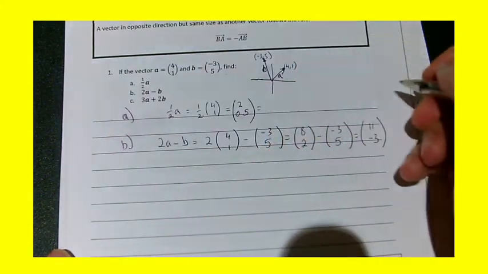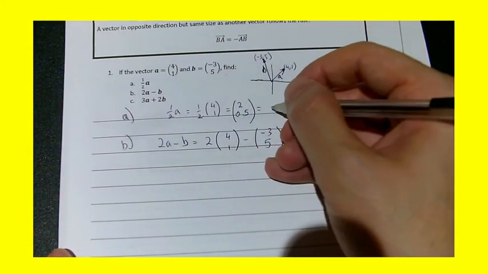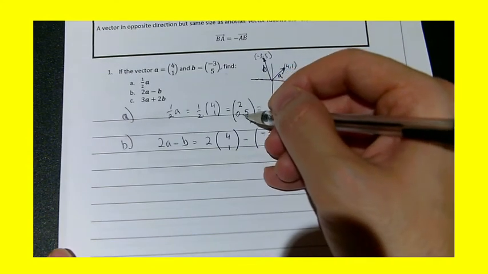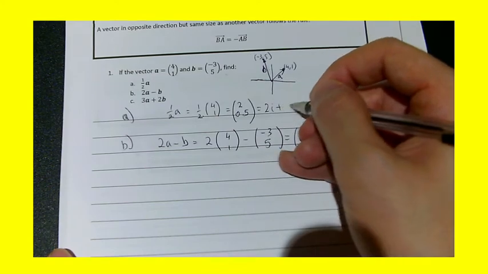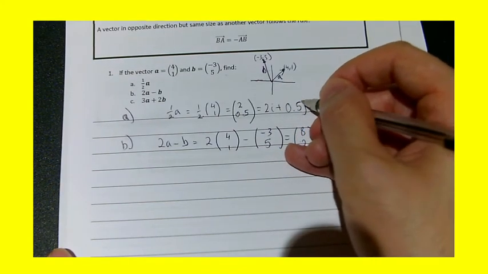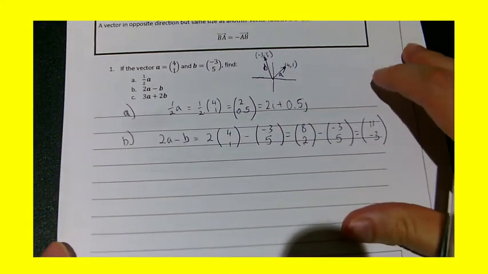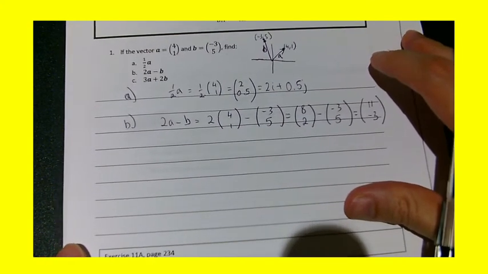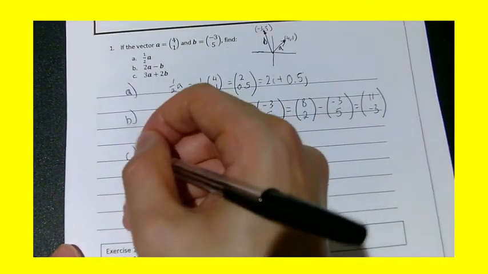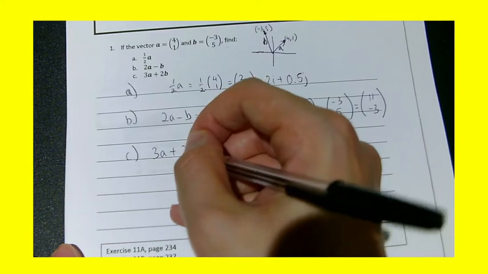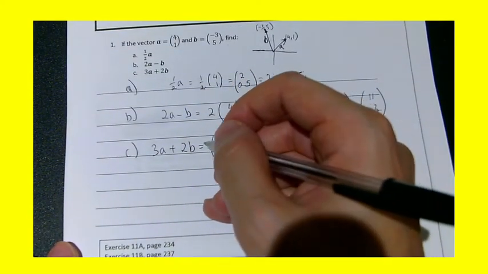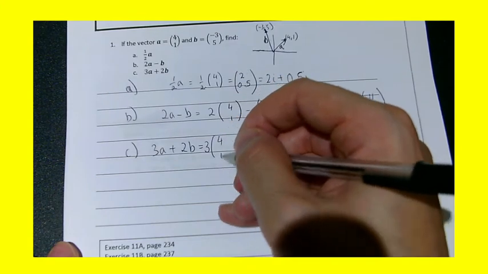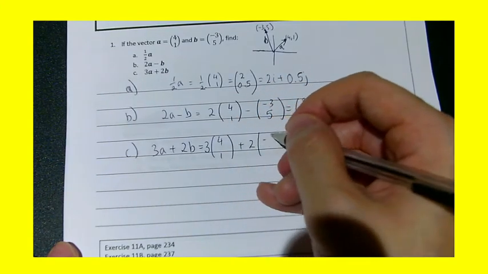Obviously these two vectors can also be written in IJ form, so (2, 0.5) as a vector in column form can be written as 2i plus 0.5j. Okay. C, 3a plus 2b, so you've got 3 lots of vector a plus 2 lots of vector b.